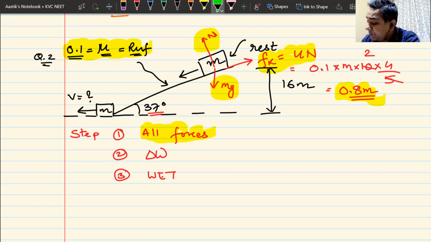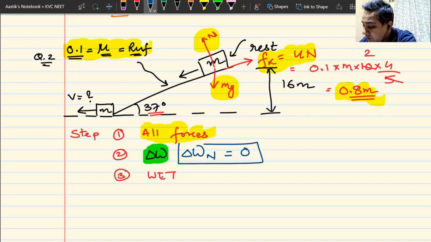In the second step, we have to find out the work done by all the forces. How will I get the work done by all forces? First of all, I'll find the work done by normal reaction. Everyone knows that it is equal to 0. So the first part is done.